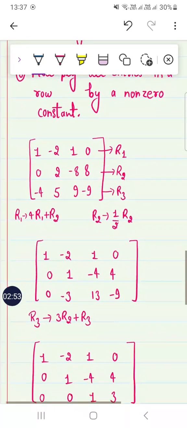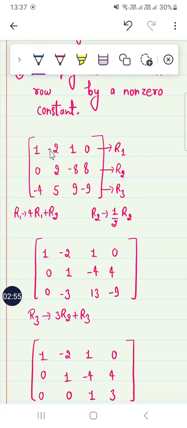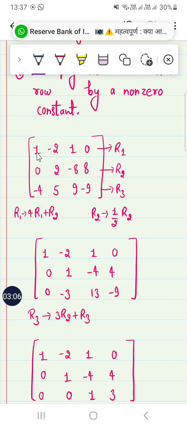Now how to solve this? Firstly we take 1, -2, 1, 0 as R1, then R2, and R3. The first operation is R3 goes to 4R1 plus R3.